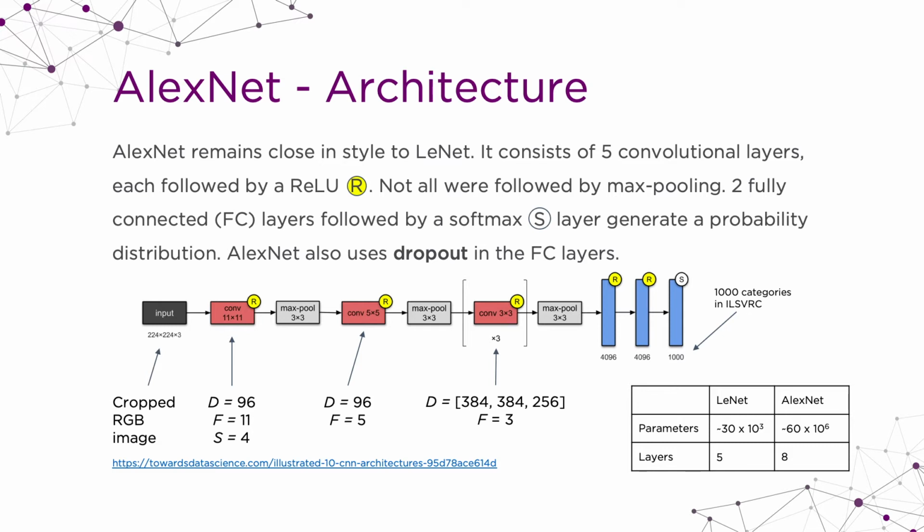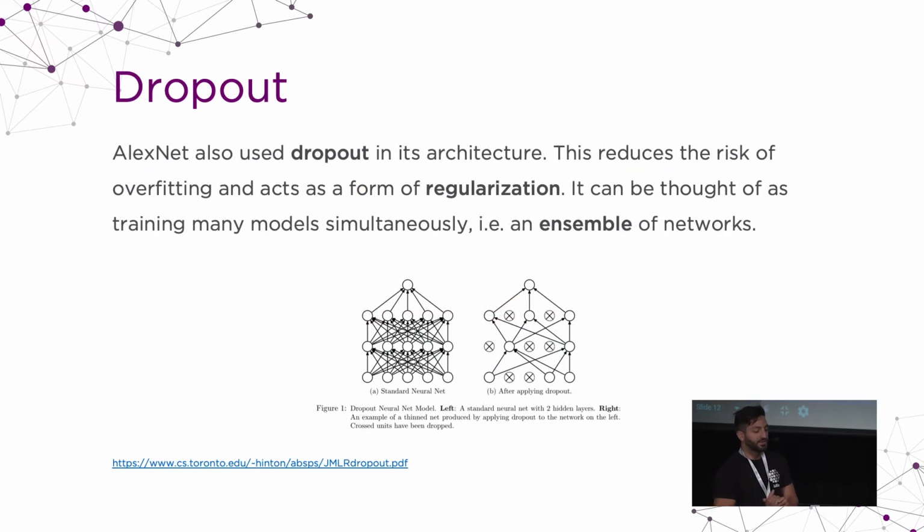Another interesting thing is that AlexNet used dropout in the fully connected layers. So what is dropout? This was a technique that was relatively new. What we do in the fully connected layers is every time during training, at random, we turn off some connections with a probability of 0.5.